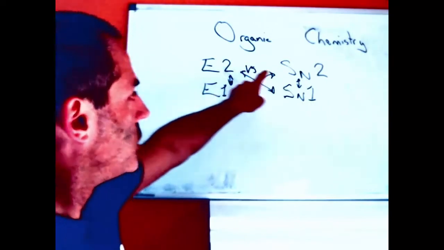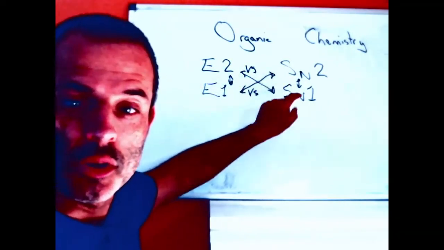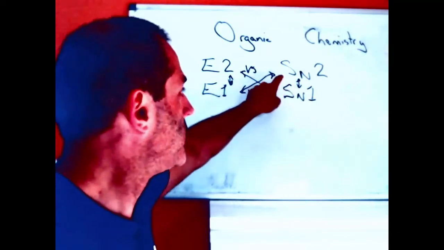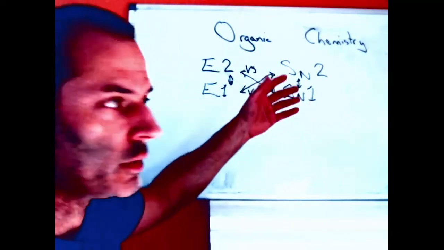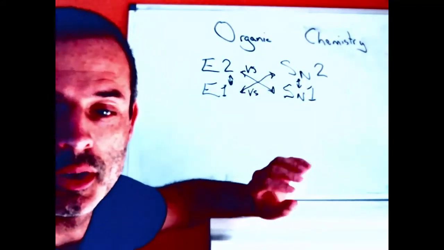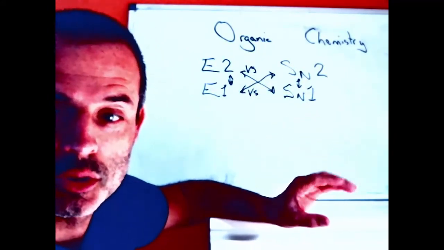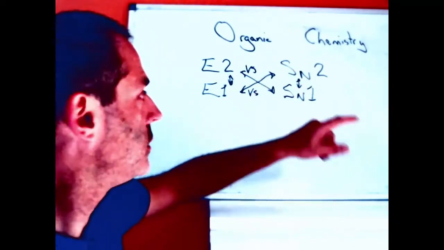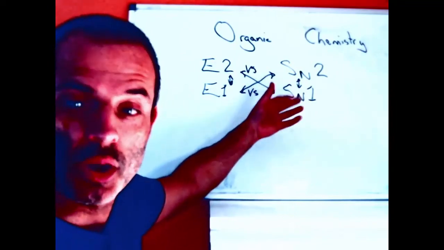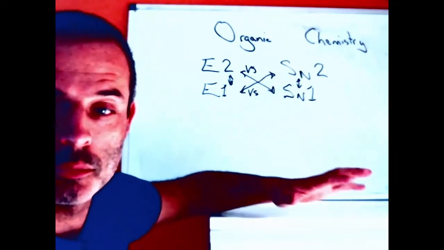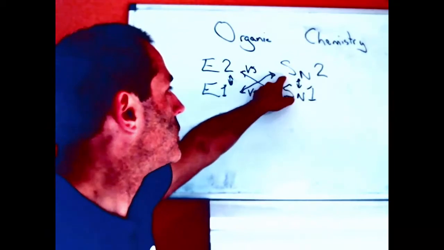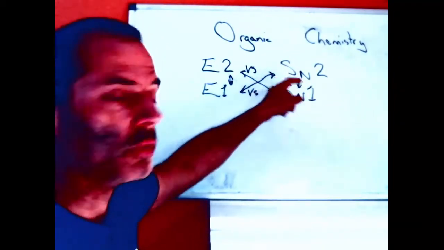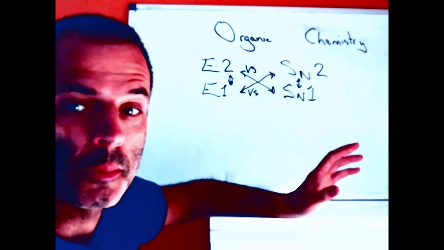So we could choose SN2 against SN1 by choosing the nucleophile. Good nucleophiles make SN2 more likely. Bad nucleophiles make SN1 more likely. We can choose it by the substrate. So a substrate that stabilizes the carbocation will tend to be more likely to go via an SN1 mechanism. And a substrate that doesn't stabilize the carbocation is more likely to be forced to go via SN2.